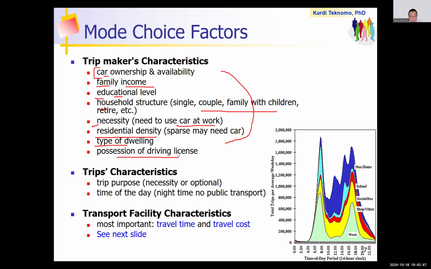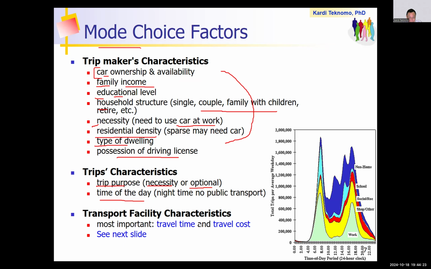Possession of a driving license is also one of the factors that can be used to check the mode choice. One important factor is the trip purpose, whether it is a necessity, commuting, or optional. And it also depends on the time of day. If there is no public transport at night, then of course they need to use a car or motorcycle.